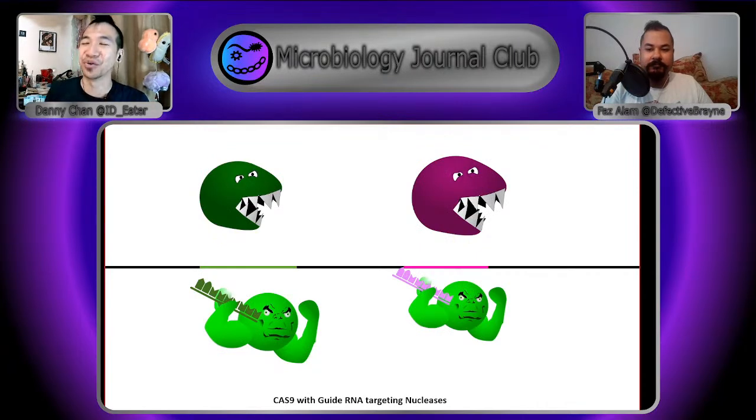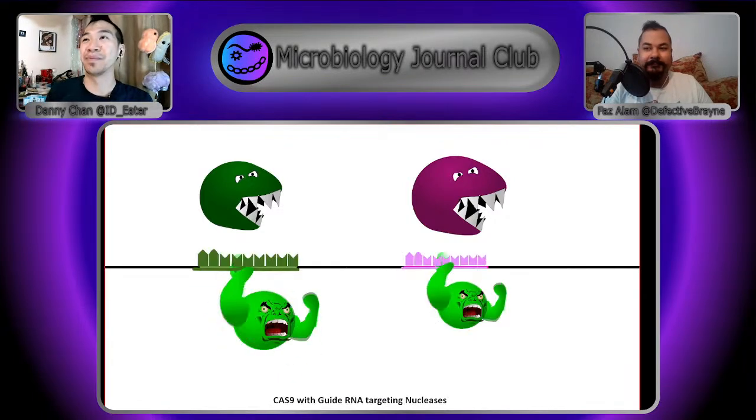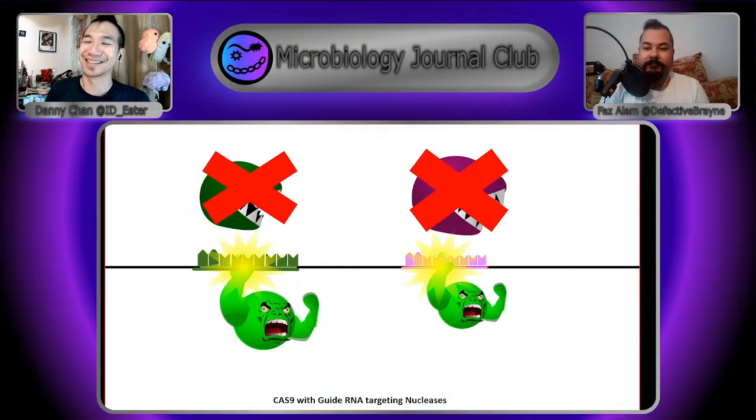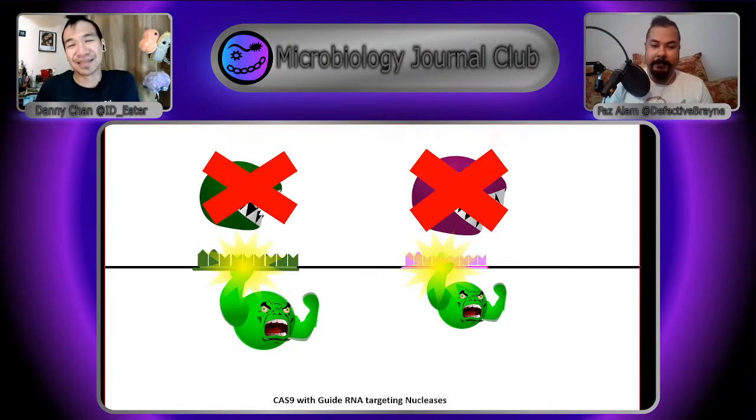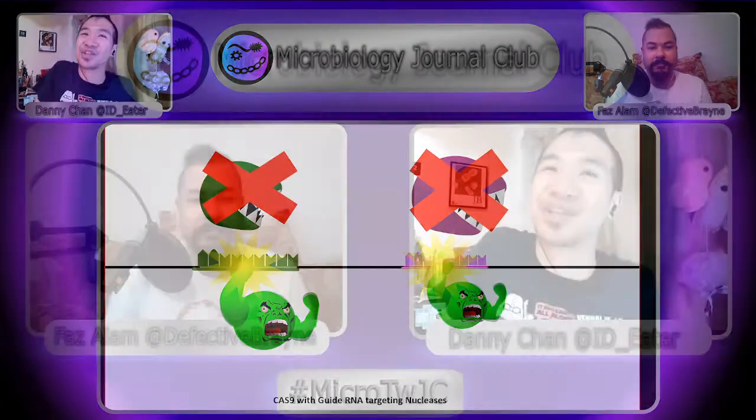If we were limited to only using the system in these kind of nerfed backgrounds, then we may be limited in the types of investigations we can do, because they may get hurt out there and not survive long enough for us to even see the changes, or they might get infected by something, and then we don't even see the changes that we're asking the bacteria to write in itself.